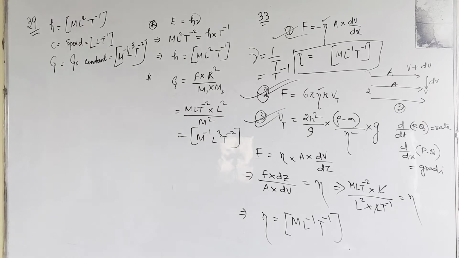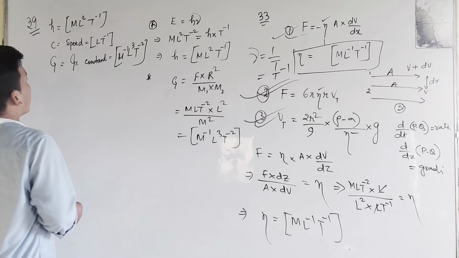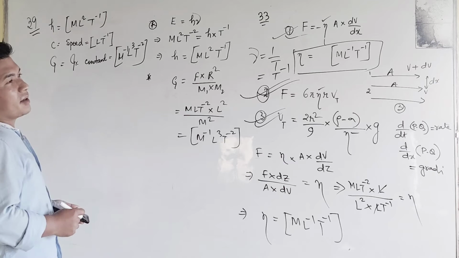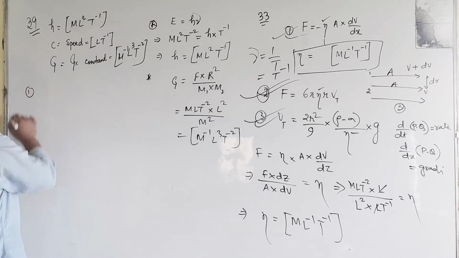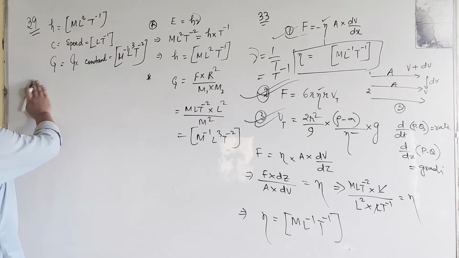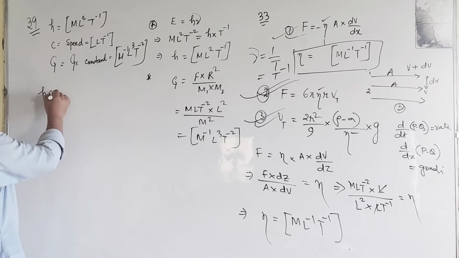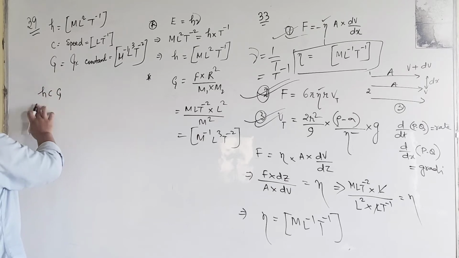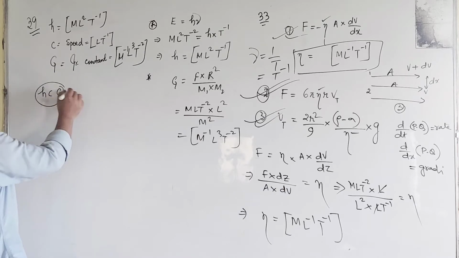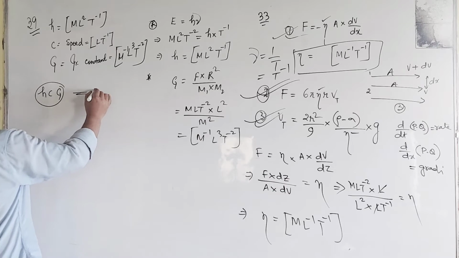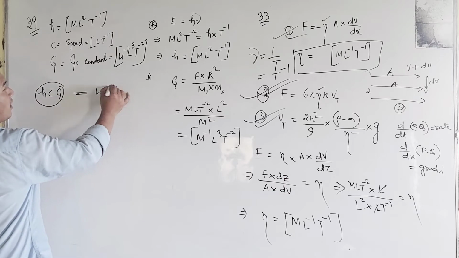We can go through the conventional method, but it will be a very long process, so we will go through the options. That means the combination of h, c and G, where we do not know the coefficients and powers, must produce something dimensionally equal to length.